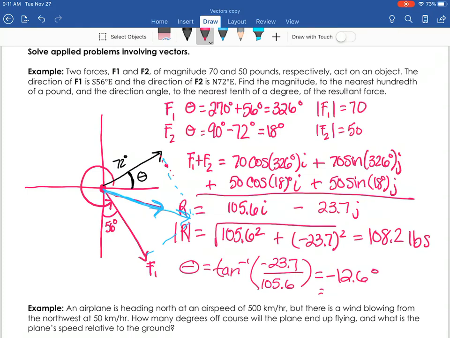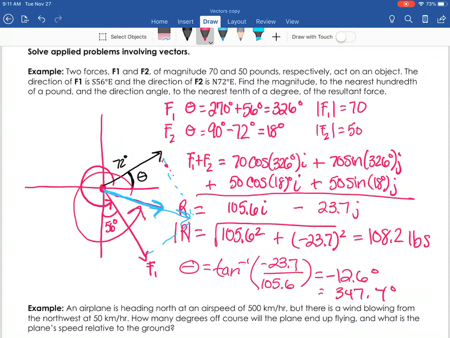How can I write negative 12.6 degrees as my final answer in the positive standard position? So instead of opening backwards 12.6 degrees, I want to go counterclockwise in the positive direction. 347.4. Yeah, 347.4 degrees. I would just add 360 to that to figure out what that angle is.